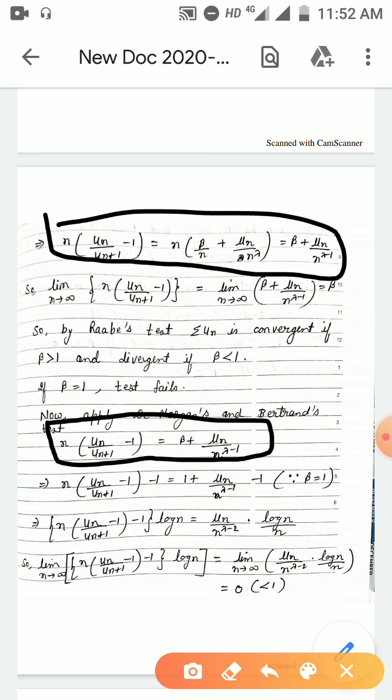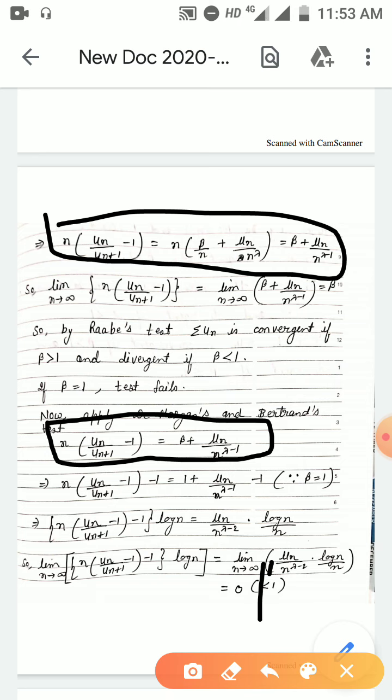So further taking log n both sides, we will get curly bracket n times un by un plus 1 minus 1 bracket close log n is equal to mu n by n to the power lambda minus 2 into log n by n. We have adjusted 1 by n here. So n to the power lambda minus 1 becomes n to the power lambda minus 2 into n.